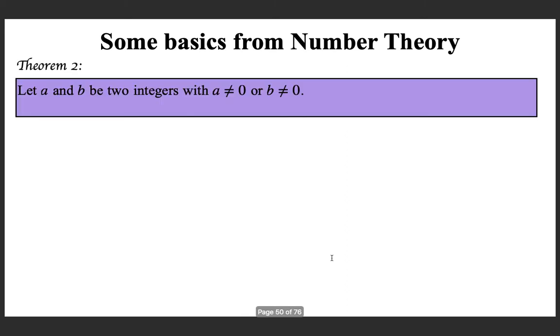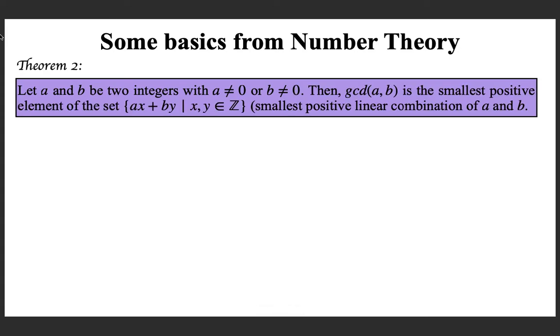Now theorem 2, which is a very important theorem. Let A and B be two integers with any one non-zero. Either A is non-zero or B is non-zero. Then theorem 2 claims that the greatest common divisor of A and B, when one of them is non-zero, is the smallest positive element of the set Ax plus By, where x and y are integers.